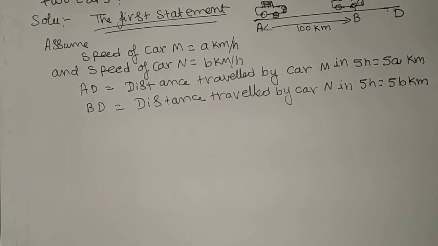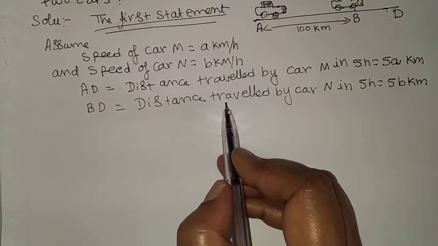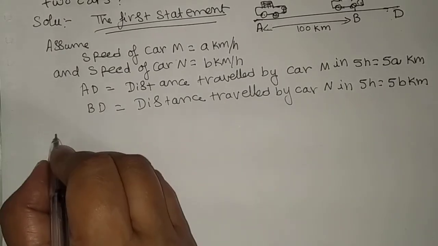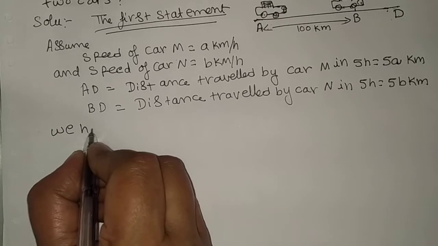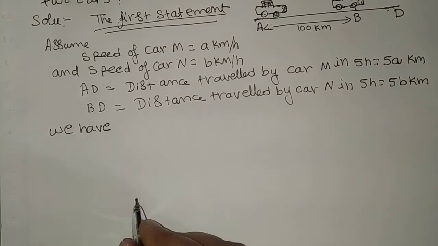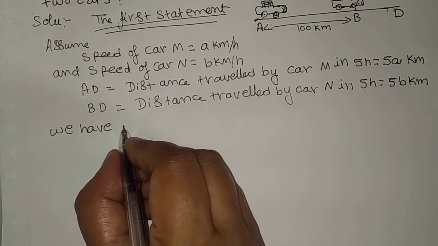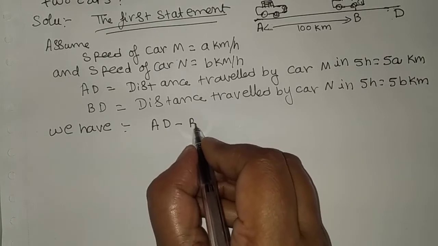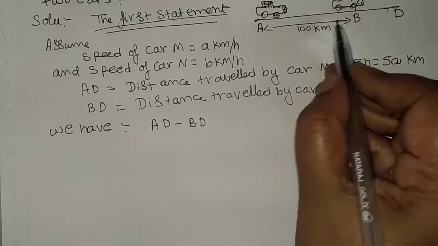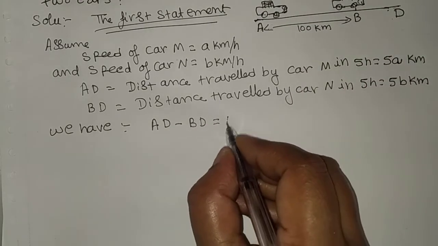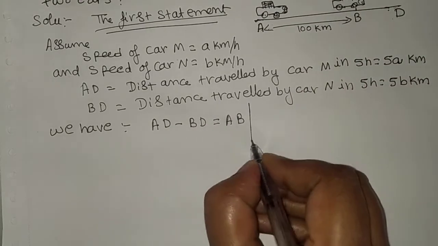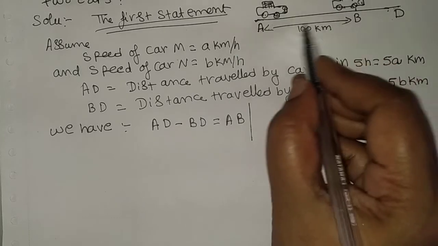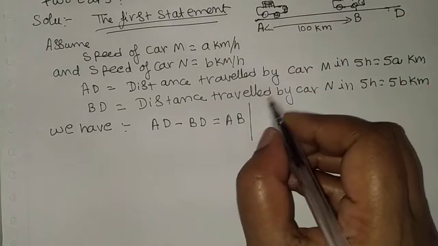So this is the data given for the first part of the question. Now what we have to do: AD minus BD is equal to AB. We can write that AD minus BD is equal to AB.